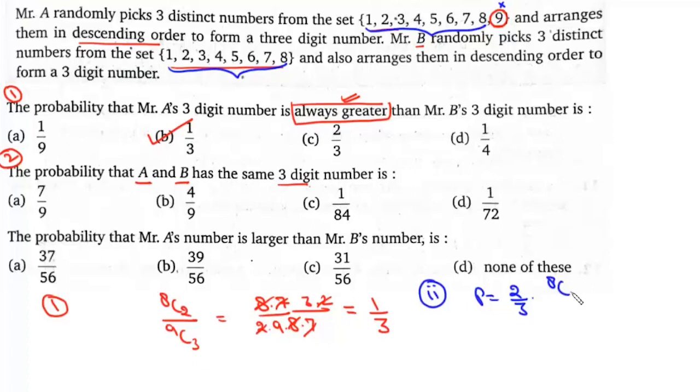It can be done in 8C3 ways. Now Mr. B must choose the same numbers, so it will be simply 3C3 divided by 8C3, and 8C3 will cancel. Now this is 2 by 3 and this is 1, and 8C3 is 56, 28, 84. So this probability is 1 by 84.